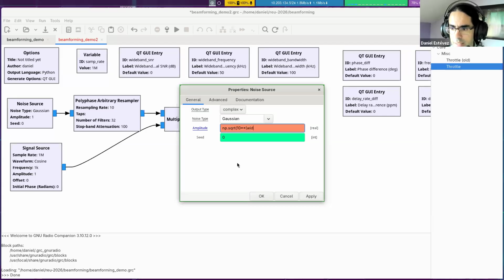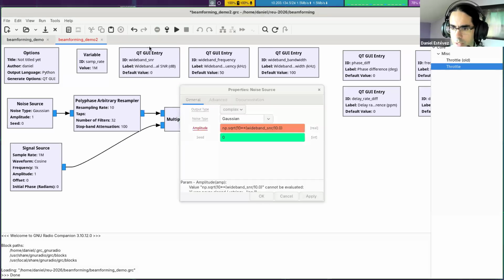Then the wideband SNR. So I have it here. I have this Qt GUI entry, wideband SNR, and that is the signal to noise ratio. And last week we were using CN0 in units of decibels per hertz. So that is how much power does our signal have versus how much power does the noise floor have in 1 hertz.